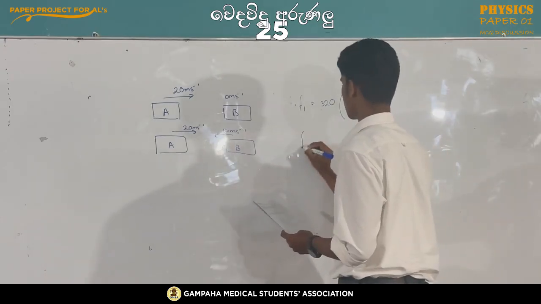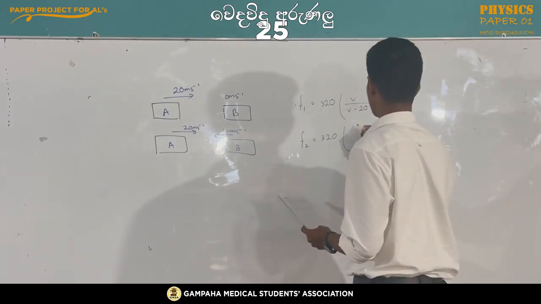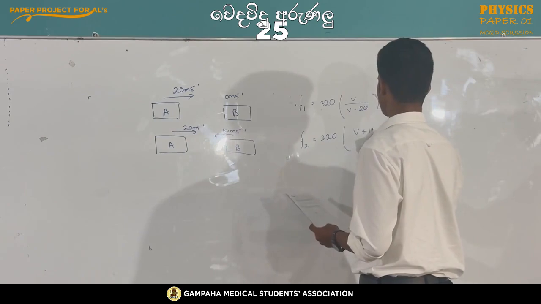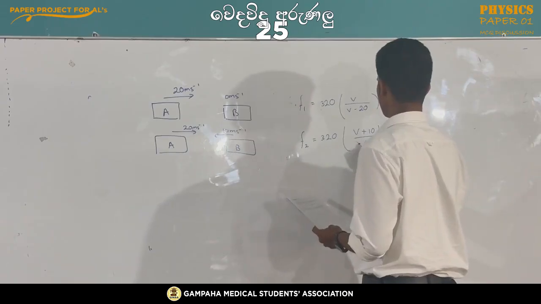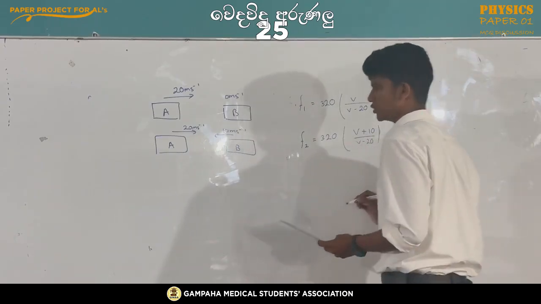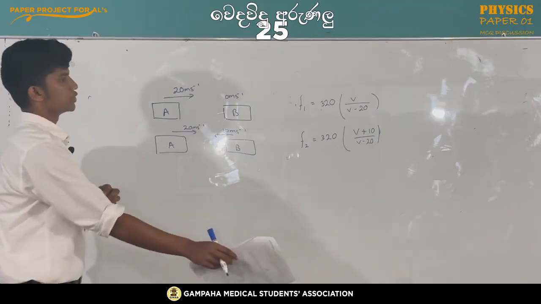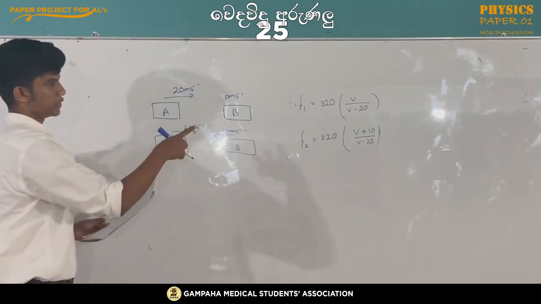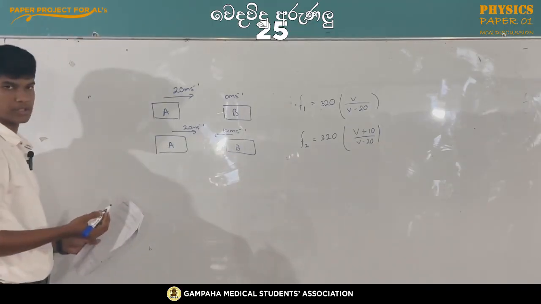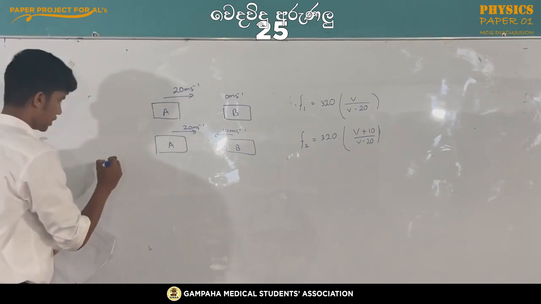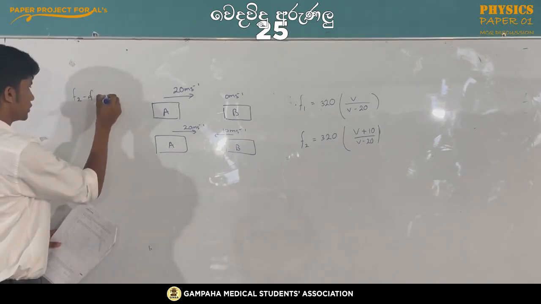For F2, using the difference between F1 and F2, we can substitute that value into the difference between these two expressions and find the value of V. We don't know the sound velocity, which is V. So F2 minus F1 equals 10 Hertz.